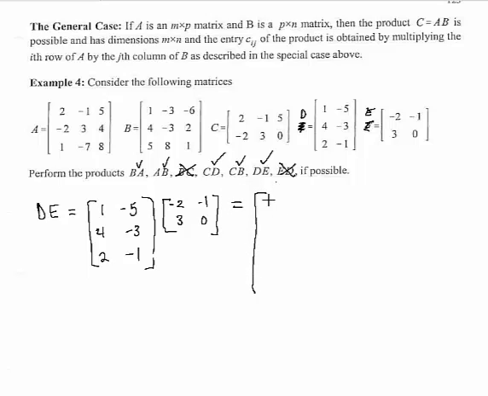Alright, we're going to need a lot of space here. This is a 3 by 2, and this is a 2 by 2. So the inner ones tell us that we can multiply because they match, and these outer dimensions tell us the product dimensions.